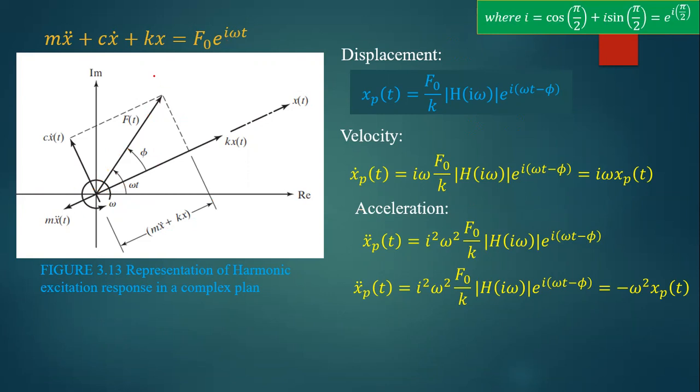This forcing function f of t is equal to f naught e to the power of i omega t. So this is a representation.